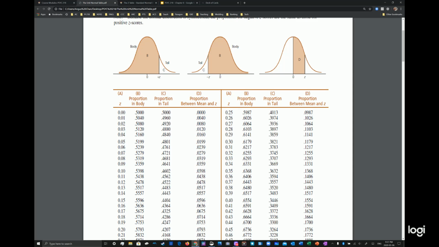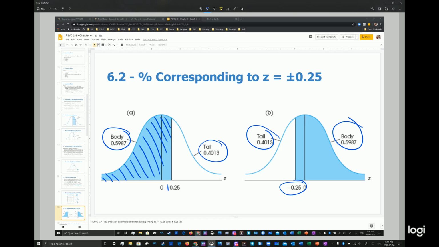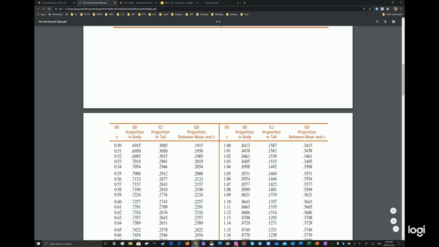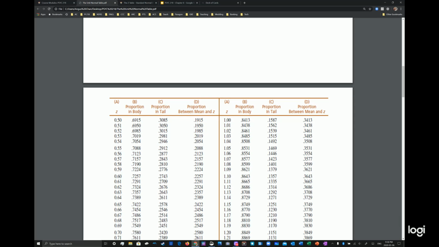If we happen to want to find the value of plus or minus Z equals 0.25, we can, and we use column D and Z times 2. Just like we can find the proportion of scores between plus and minus 1 in Z by multiplying in the unit normal table 0.3413.